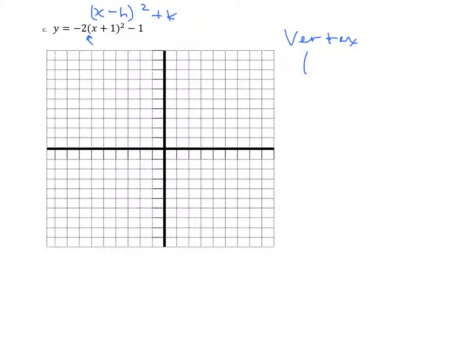It's not a minus, it's a plus, so we're going to take that opposite value as the coordinate, so -1. And you'll notice that on the end here should be a plus k, but it's really a -1, so we're going to take that negative with it. So the vertex here will be -1, comma, -1. Good? So we take the opposite sign here, but keep the sign here. So let's see if we can keep it all straight.